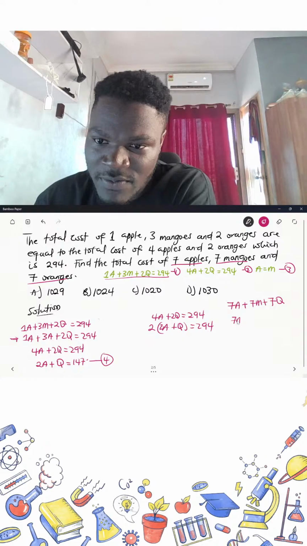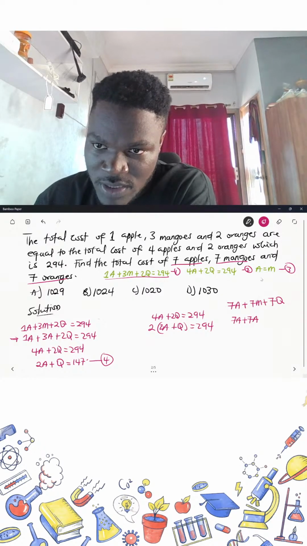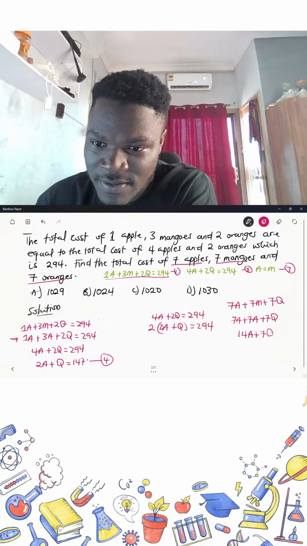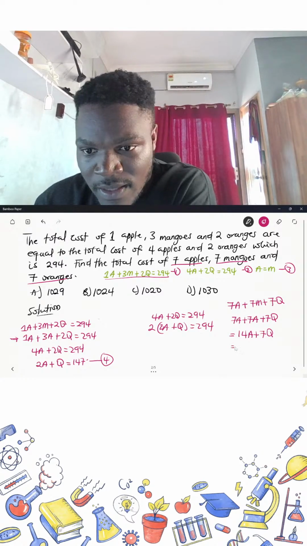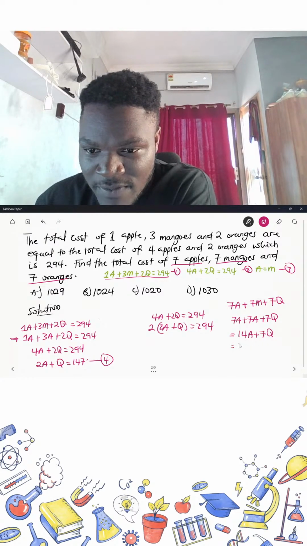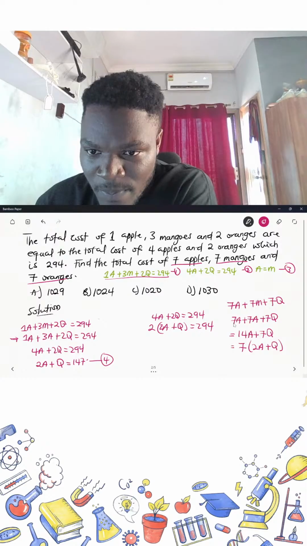It means I have here 7 apples plus 7 mangoes. Because apple is equal to mango, we have 7a plus 7a here plus 7q. So this will give me 14a plus 7q, which is basically, if I factor 7 out, I'll get 7 into brackets 2a plus q.